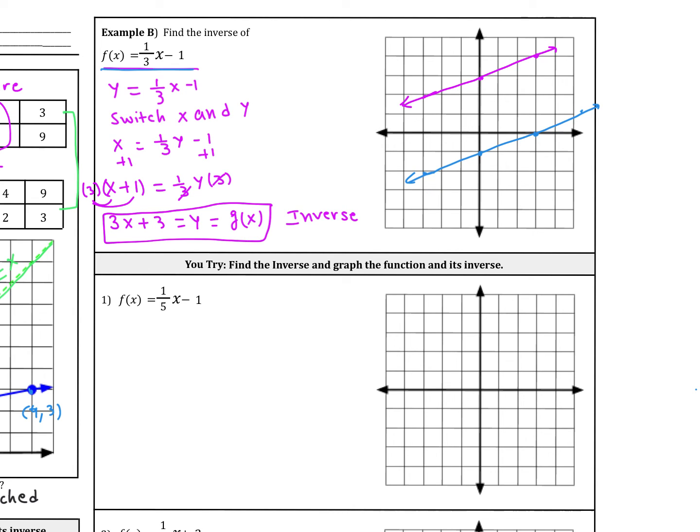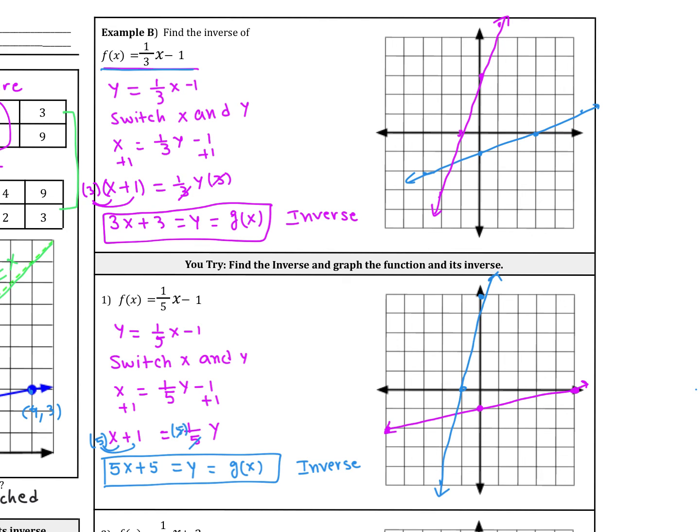For the inverse function, you start from 3 and you have a slope 3 over 1. So you start from here, that is 3, and you go up 3 over 1, up 3 over 1. You extend the line on both sides, you connect that, and you're going to get a line graph.